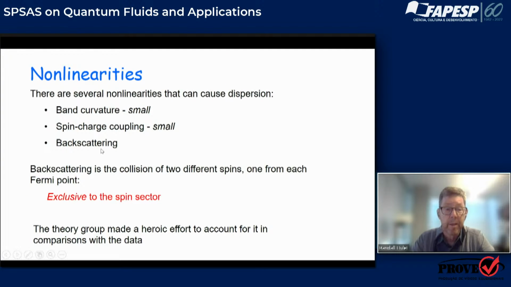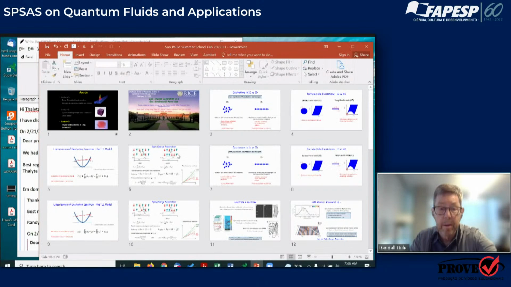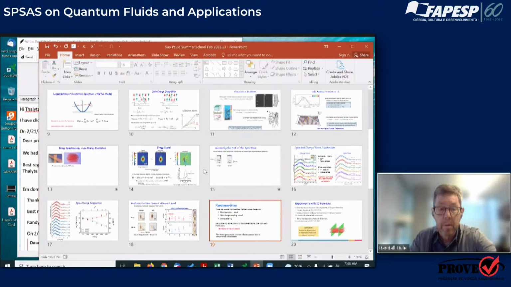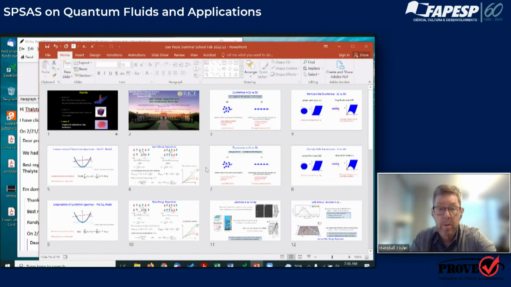So these nonlinearities that can cause this dispersion are things like band curvature. And if you recall back early on, I showed the dispersion relation. Let me show it again because I think it's worth seeing. Where did you go? Oh, here.